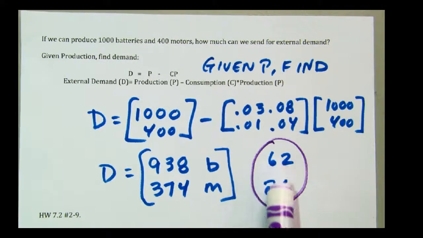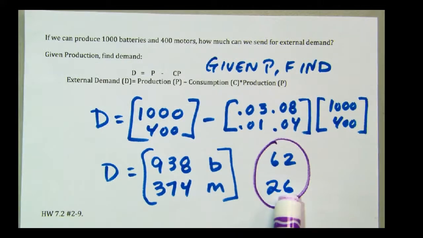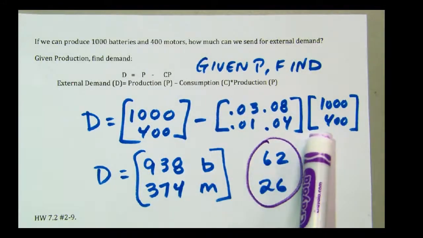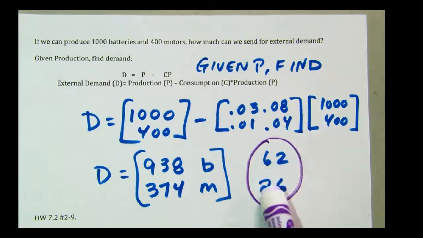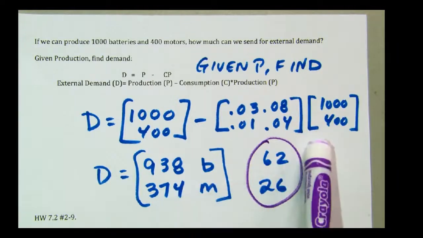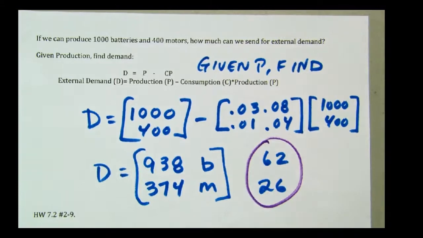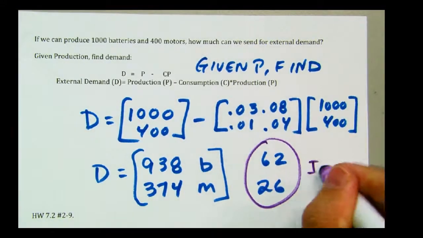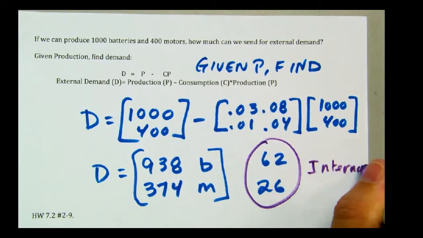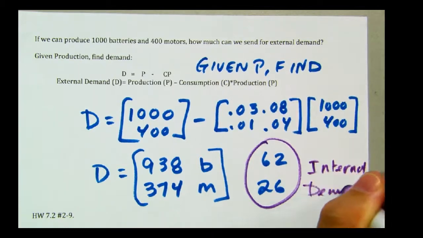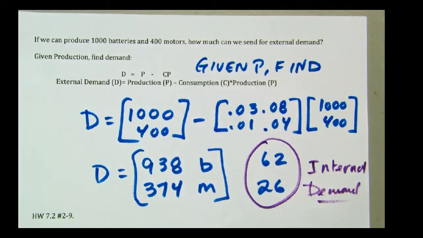What do these two numbers mean? That plus that is 1,000. I think I did that right. And 26 plus that makes 400. So this is what we're going to be using internally. So that's my internal demand.